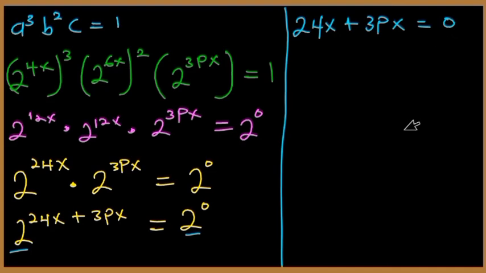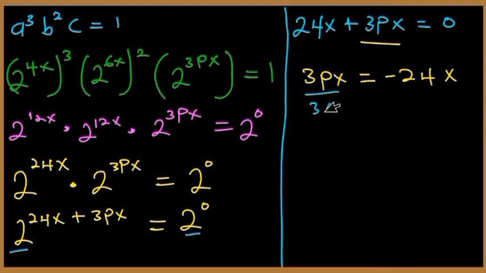So since we have this one here, I'll move this one to the right hand side. So let's move the 24x to the right hand side. So doing that, I'll have my 3px equals negative 24x. So with this, we can make p the subject by dividing both sides by 3x.